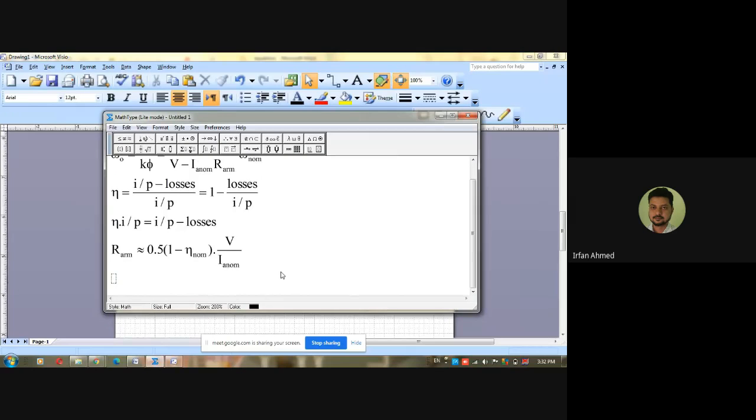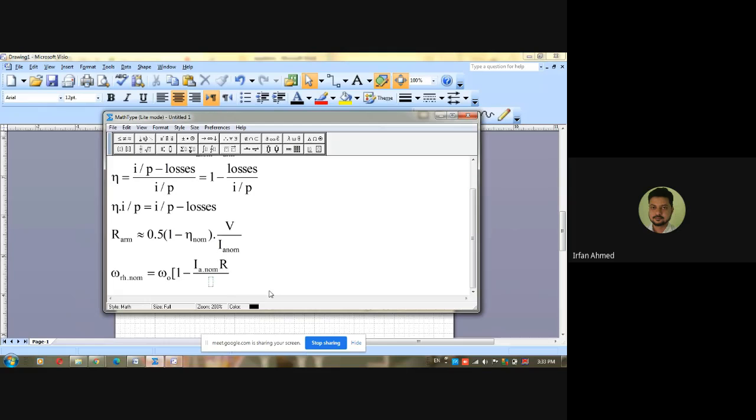You can find the speed by using this equation: omega with rheostat inserted into the circuit at rated current, because the torque is rated, is equal to omega 0, that is the no load speed, into 1 minus I_A nominal into R divided by B. Here R includes the armature resistance as well as the external rheostatic resistance.